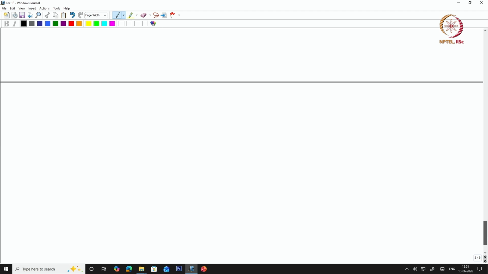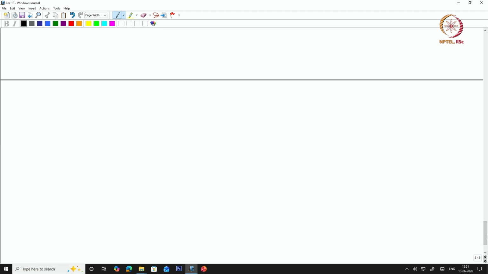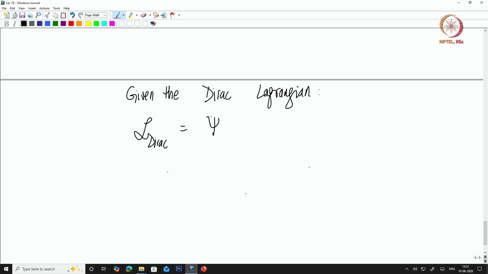So, given this Lagrangian, this is L Dirac, which is nothing but psi bar (i del slash minus m) psi.